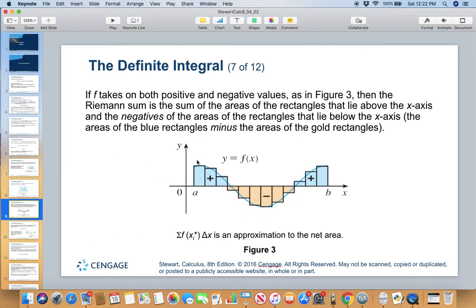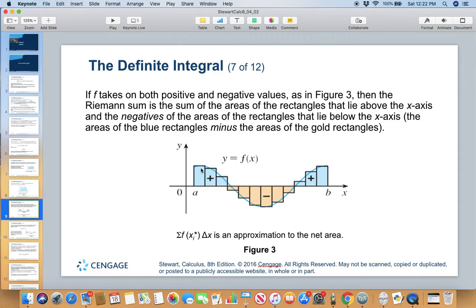Now, suppose your graph is partially above and partially below the x-axis. If f takes on both positive and negative values, then the Riemann sum is a sum of the areas of the rectangles that lie above the x-axis and the negatives of the areas of the rectangles that lie below the x-axis.